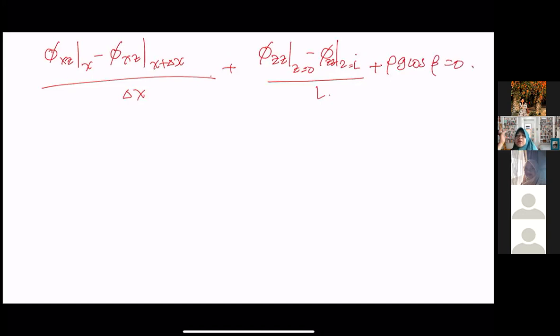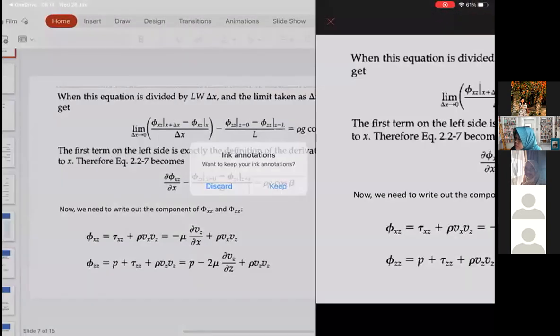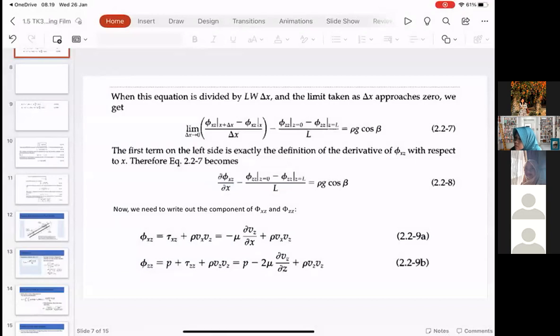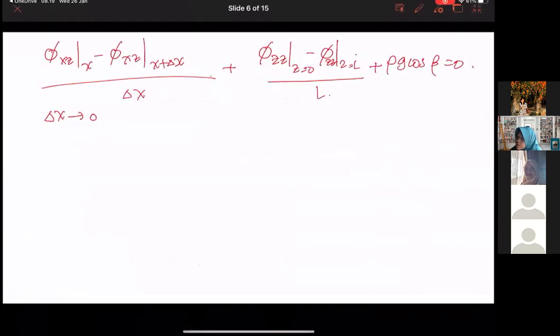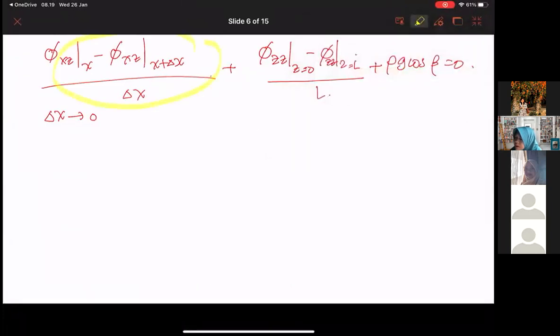Now in this case, let's consider delta X to be very small, equal to 0, so this one becomes a limit.